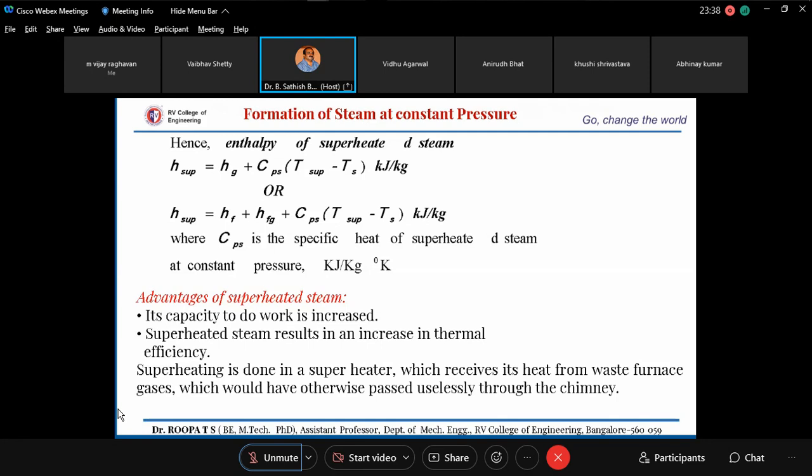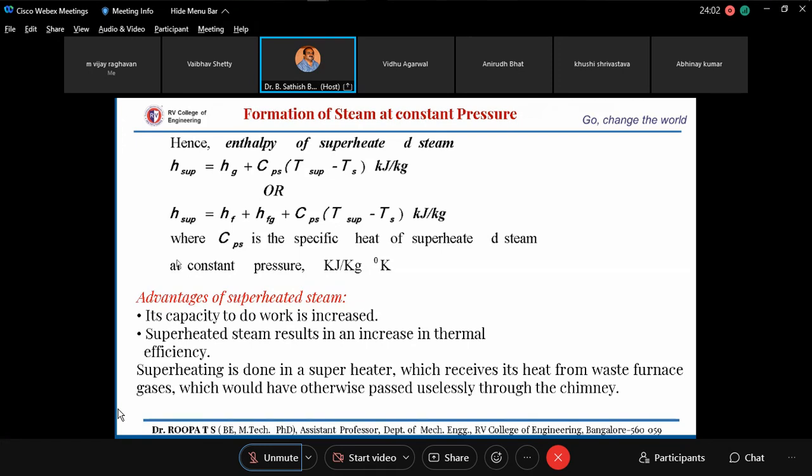Okay. So why? Because its capacity to do the work will increase. When we superheat the steam, the energy contained in the steam will be more and the capacity of the steam will also increase. Okay. So this superheated steam will result in the increase in the thermal efficiency so that you can expect more output from it.